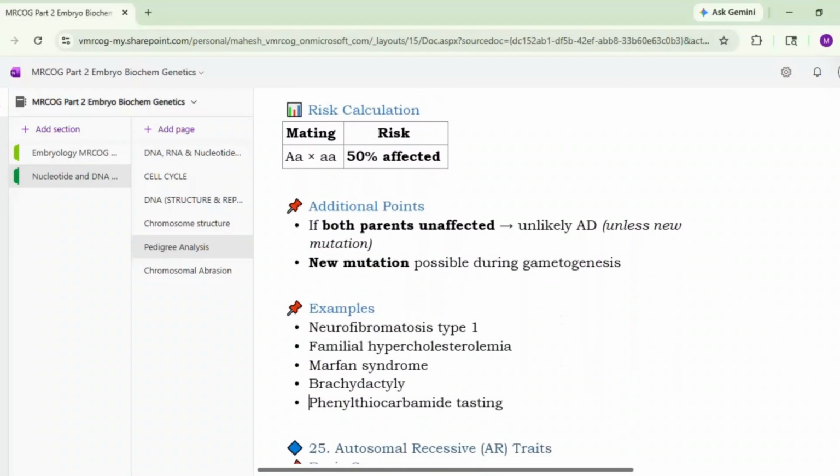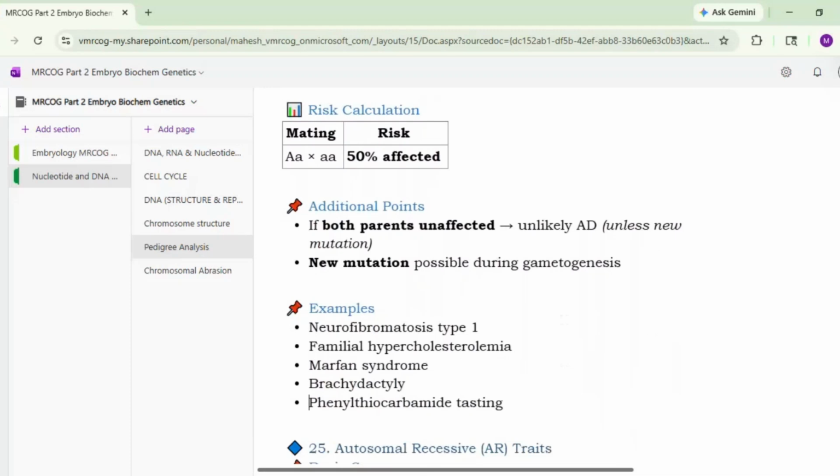If both parents are unaffected, it is unlikely to be autosomal dominant, because in that case the possibility is that a new mutation has happened. If it is autosomal dominant, at least one parent has to be affected. But if both parents are not affected but the offspring is affected, we will think of a new mutation.